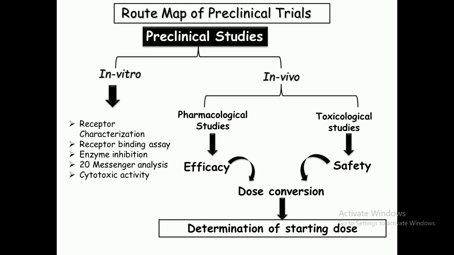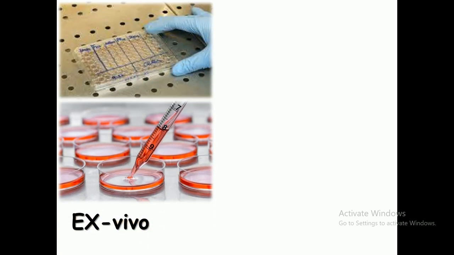So there are a number of terms in the preclinical studies, generally called the types of preclinical studies. So what is ex vivo? Ex vivo literally means that which takes place outside an organism.